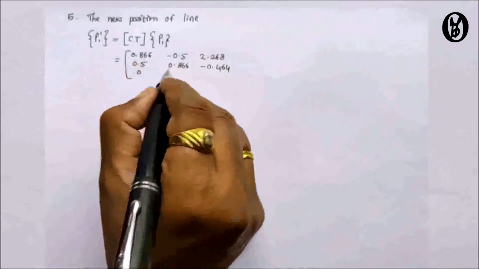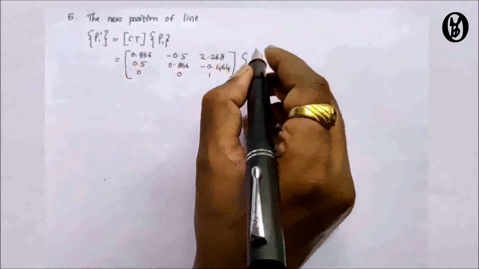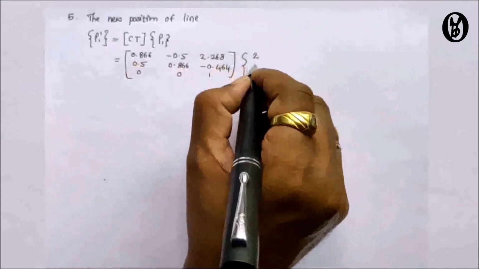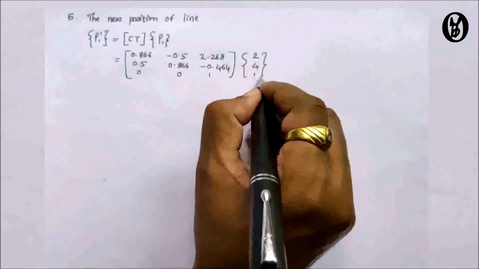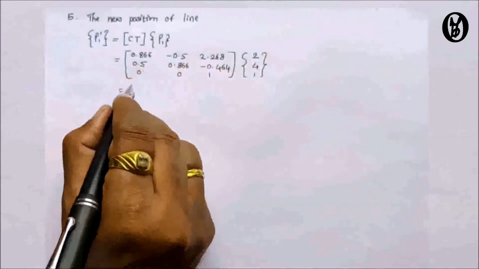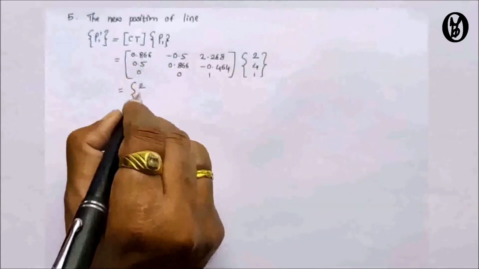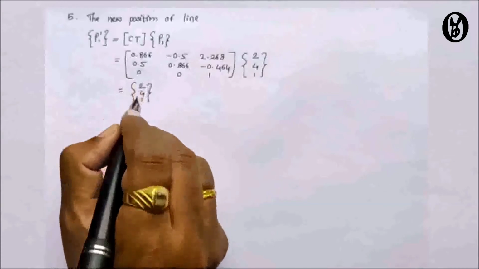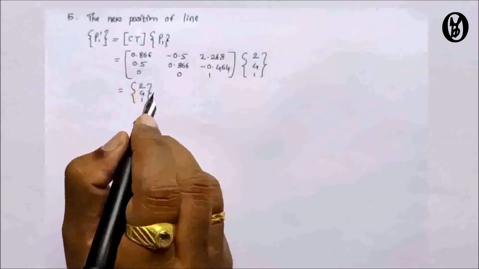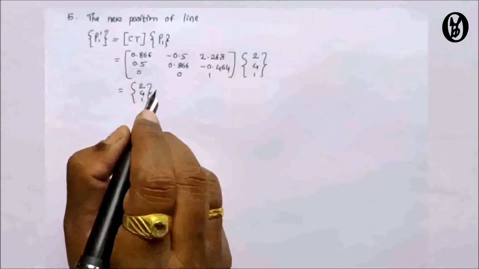Here we have to write the homogeneous coordinate of point P1. So taking h equal to 1, we can write the homogeneous coordinate as (2, 4, 1). And after doing multiplication, we have P1 dash equal to (2, 4, 1).